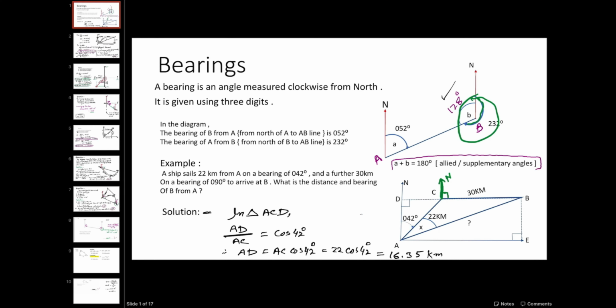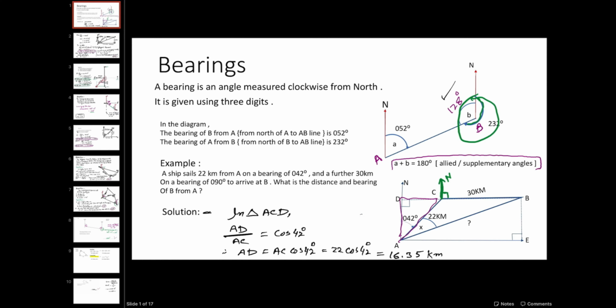Now the solution of this problem is in triangle ACD. AD upon AC is equal to cos 42 degrees. Why? Because we already know cos theta is equal to adjacent upon hypotenuse.